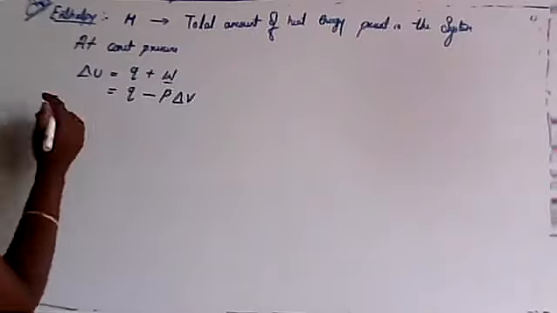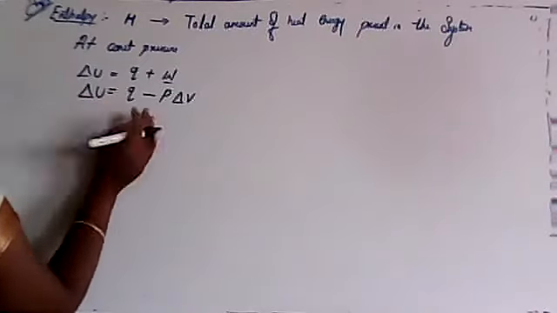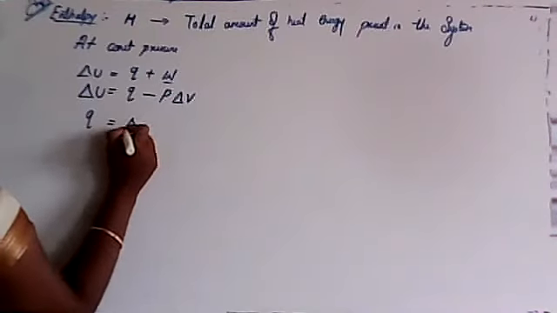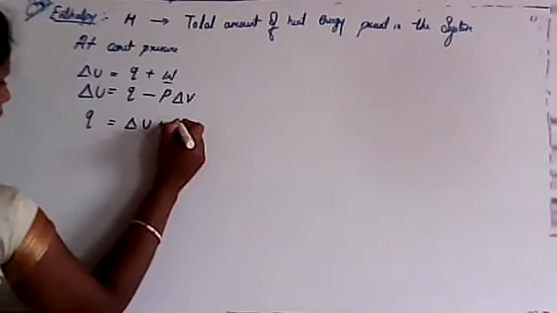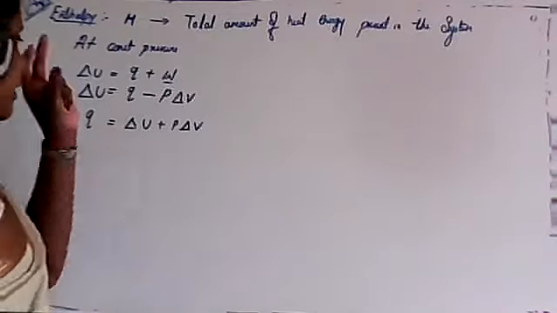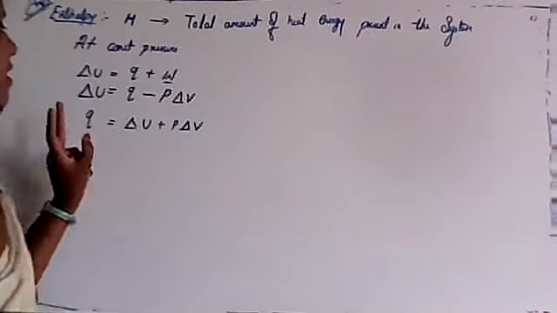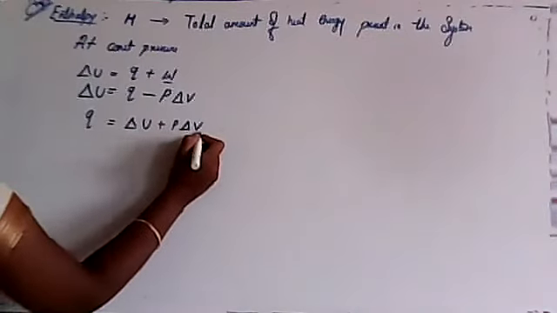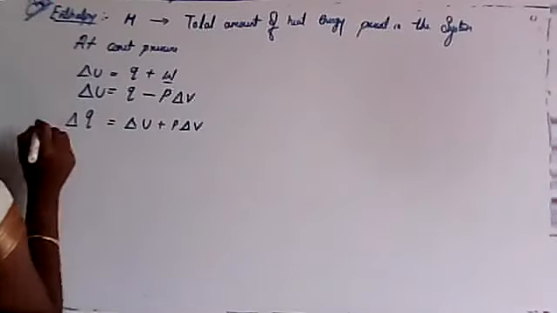So now I'll resubstitute this. Q is equal to delta U plus P into delta V. Now I'll take delta of everything present here: delta U, P, delta V, and delta Q.